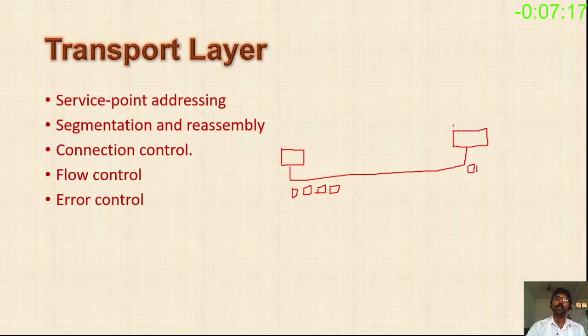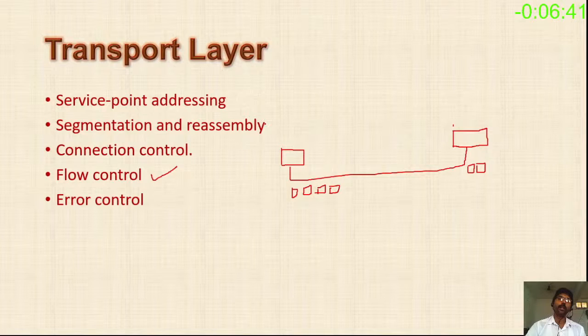The rate of receiving these segments is very slow. The transmission is fast and the receiving is slow, because one is a high-end machine and the other is a low-end machine. So what happens here? Data corruption may occur due to overflow. To overcome that problem, flow control is managed. Flow control means data will be sent at the same speed as the receiving speed.